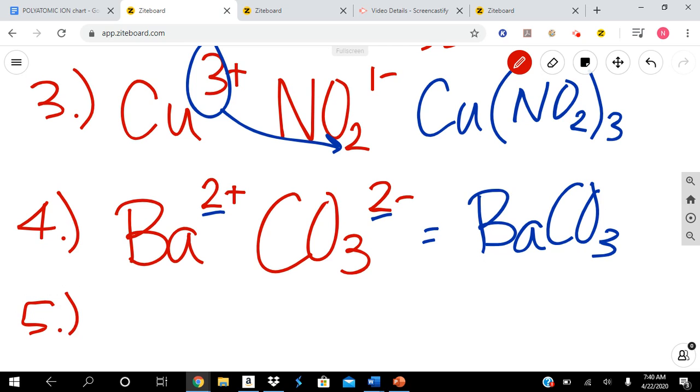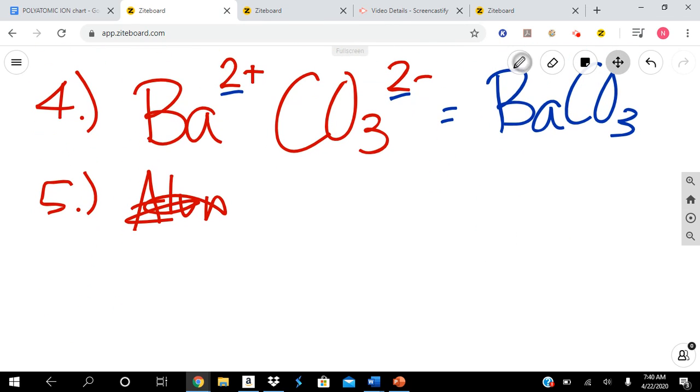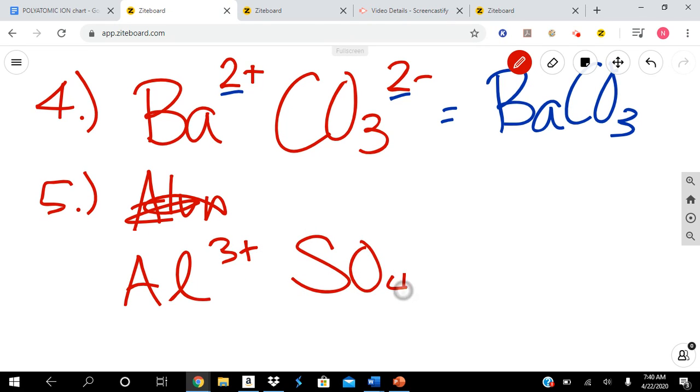Example 5 is aluminum sulfate. Sorry, you already have it written. Aluminum is in group 3. It's sulfate, SO4, 2 minus. Right, none of these are 1s.